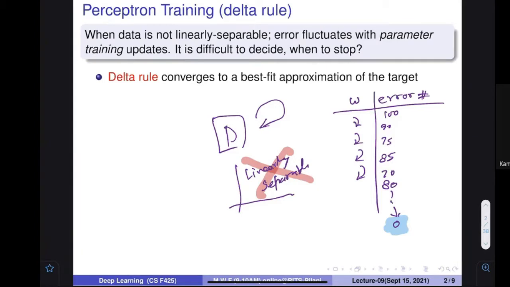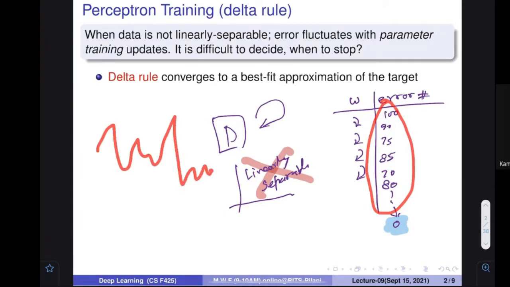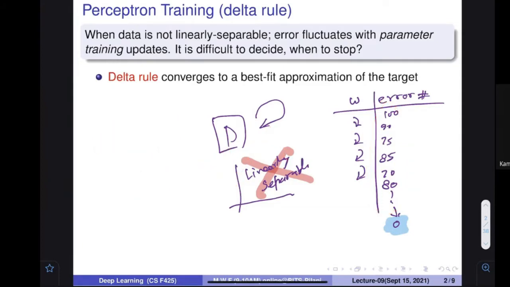But since this series goes up and down, we don't know when we hit a local minimum whether we should stop or continue to find a better value that satisfies us. This was a very important requirement for doing the right kind of training.